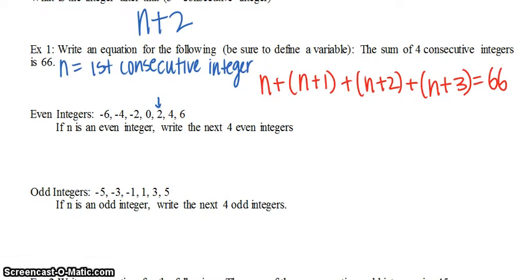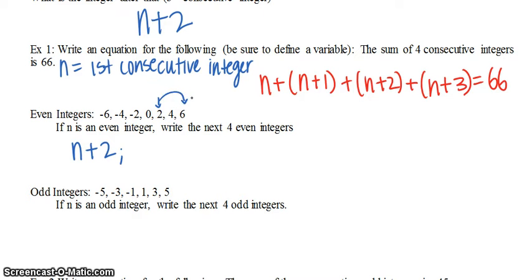Got it, okay? So in order to get to the next consecutive even integer, meaning the next even number, you have to add 2. So we had to write the next 4. So we started with n, then we have to say n plus 2, okay? So how do we get from this one to this one?